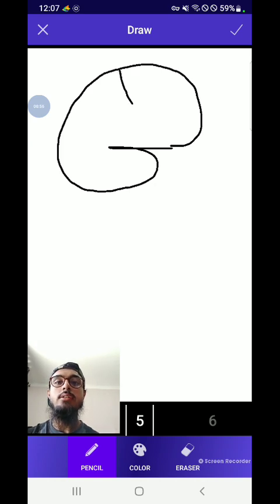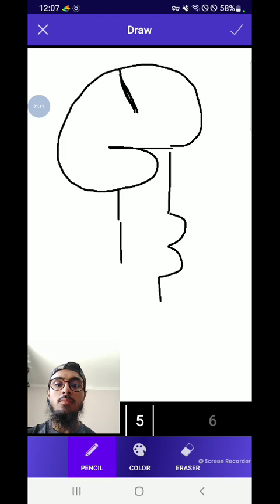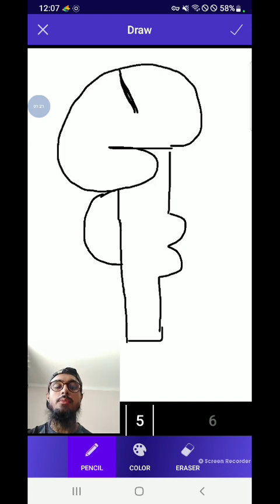This is the central sulcus of the brain, and this is the brain stem: midbrain, pons, medulla, and this is our spinal cord, and here is the cerebellum.